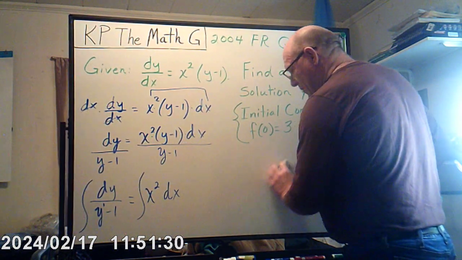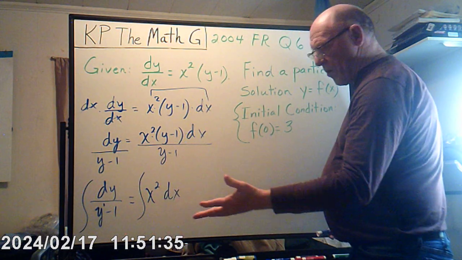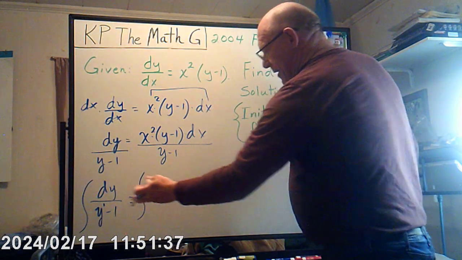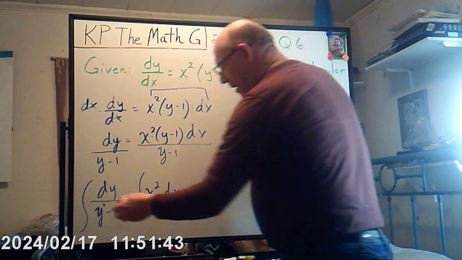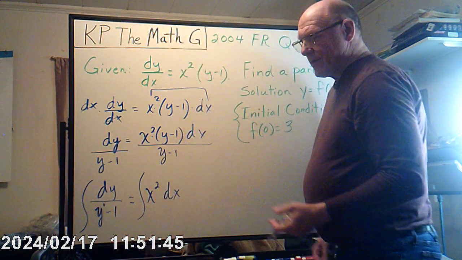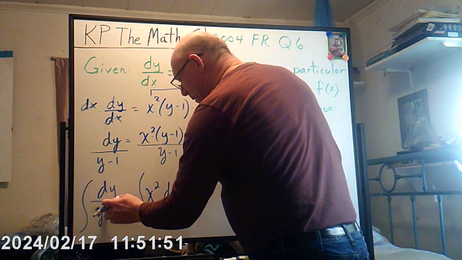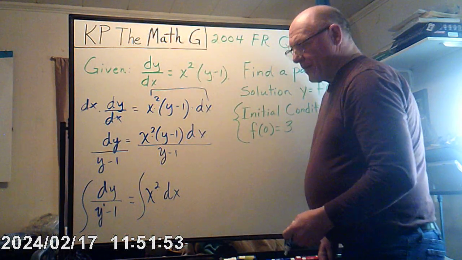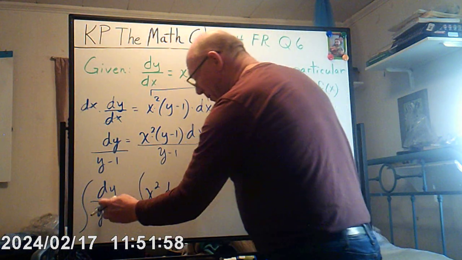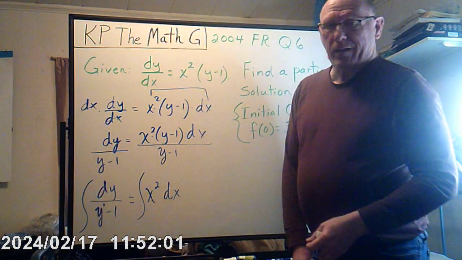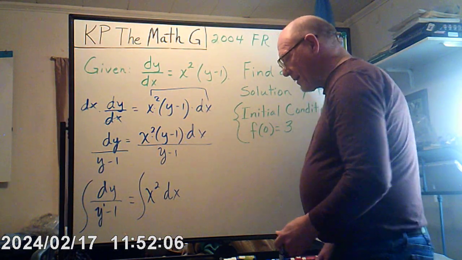We don't have to, because I know that the derivative of y minus 1 is just 1. If it had been negative y, or 2y or something like that, we would have to deal with it that way. But if you have a y minus 1 or y to the first power in your denominator, this is definitely an ln. Now if you have y squared down here, it is not ln. Don't get that mixed up.